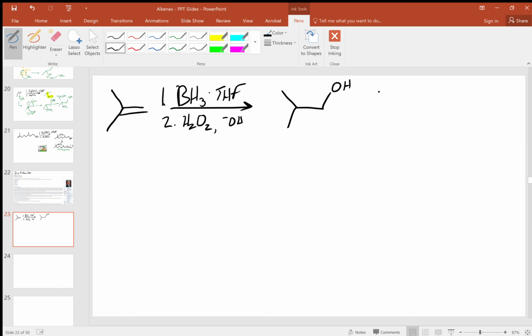And as a result, this reaction gives us the less substituted alcohol, which we could call the anti-Markovnikov process. So the hydroboration reaction and the oxymercuration reaction are, we would call them complementary processes, because one allows us to form the more substituted alcohol, and one lets us form the less substituted alcohol.